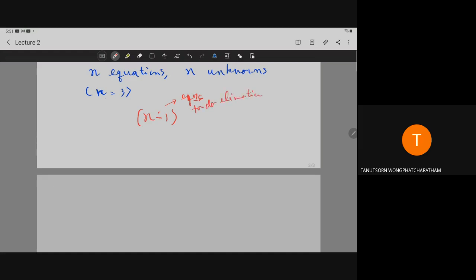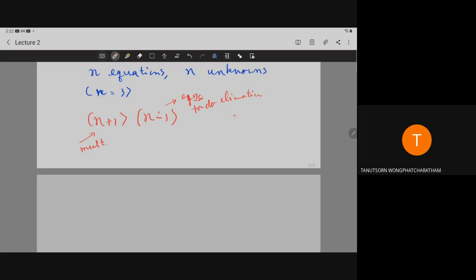And for each equation, we have to do multiplication n plus 1 times. So that's the first, from step 1 to step 2.